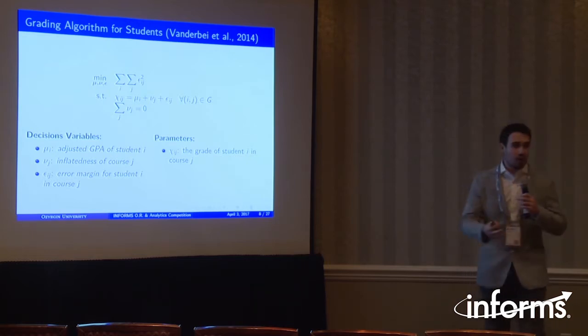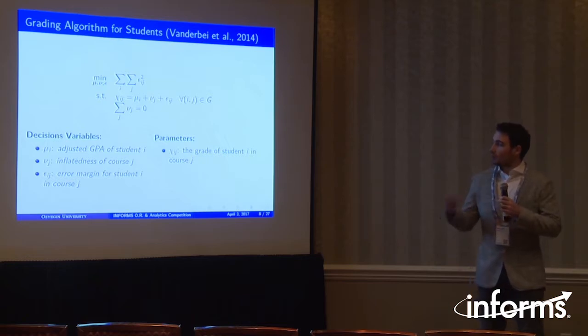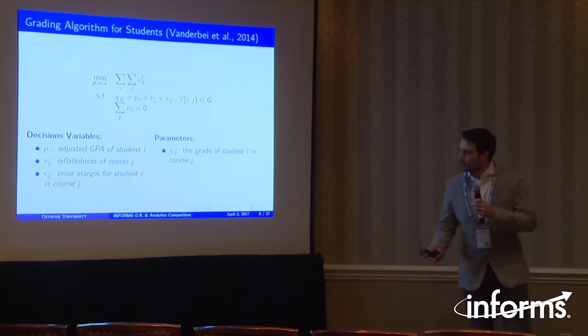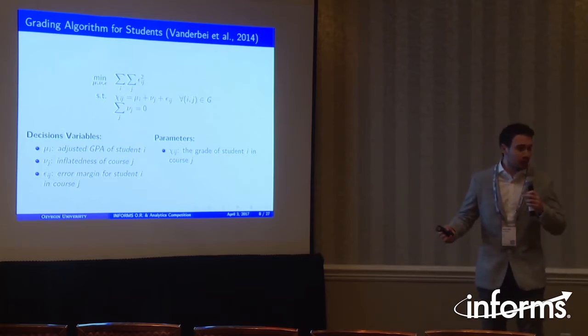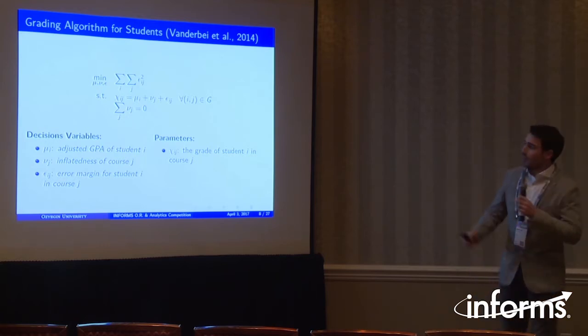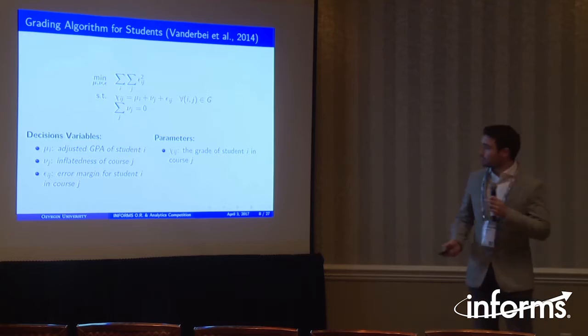Now, in the mathematical model, if you look at the first constraint, we explain the grade of student i in course j as the sum of the student's GPA plus the inflatedness of course j plus the error margin. And in the second constraint, we make sure that the inflatedness values of the courses are balanced. And in the objective function, we minimize the sum of the squares of the errors.